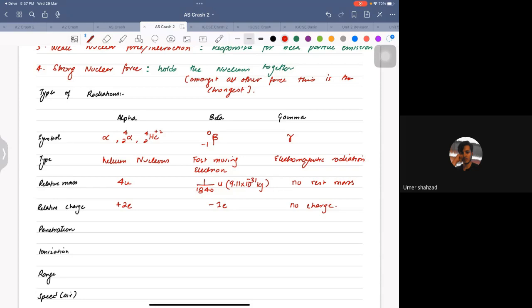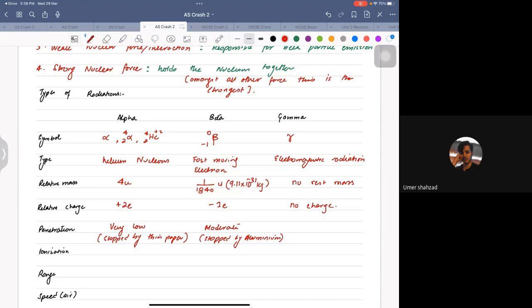With respect to penetration, alpha has very low penetration, so it can be stopped by thin paper. Beta has moderate penetration, which is stopped by aluminum. And then we have gamma.